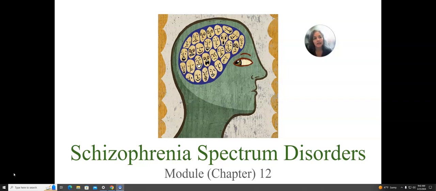This is referenced as a spectrum disorder because not every patient or client presents in the same way. So there's a range of symptoms, and patients and clients can experience those symptoms differently. They might have some symptoms and not others.